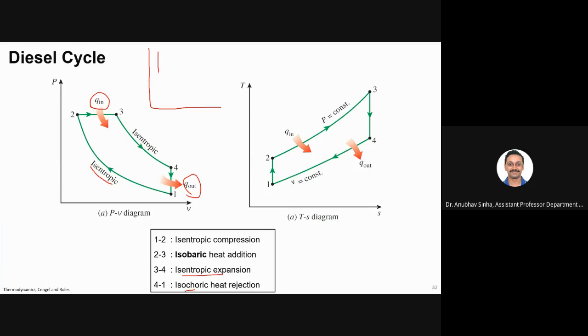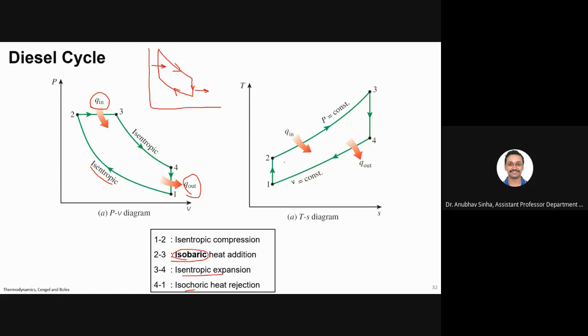Then the other processes are the same: you have isentropic expansion, isentropic compression, and constant volume heat rejection. So these three steps are the same for Otto and diesel. The only difference is that for the Otto cycle I have constant volume heat addition, and here I have constant pressure heat addition. Otherwise the processes are the same.